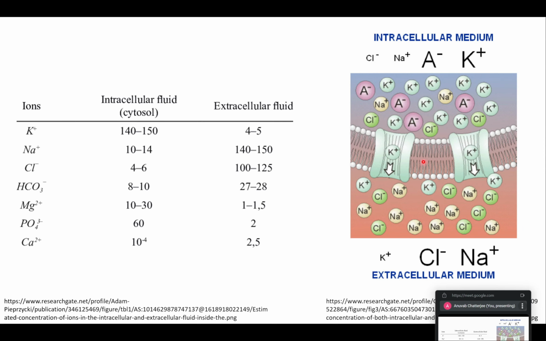These pumps are specific in direction as well as substrates. They allow only potassium ions to go into the cell and push sodium ions outside of the cell by using ATP, the energy currency of the cell. In this way, the imbalance of sodium and potassium is maintained across the cell membrane.